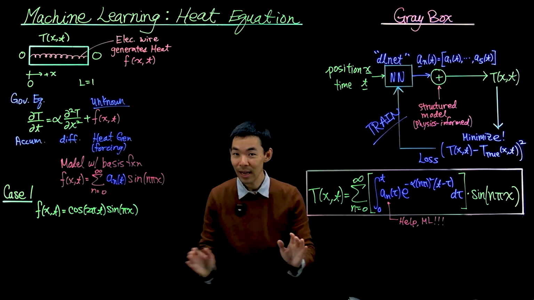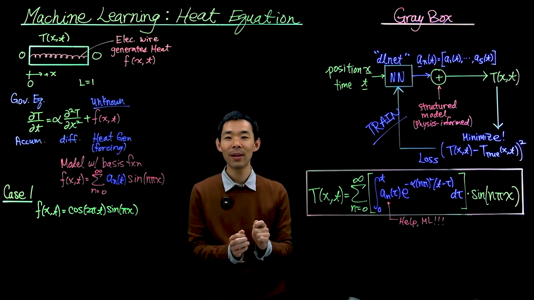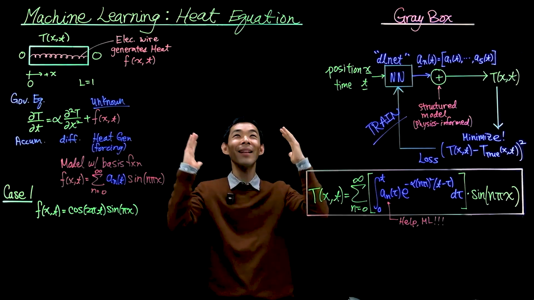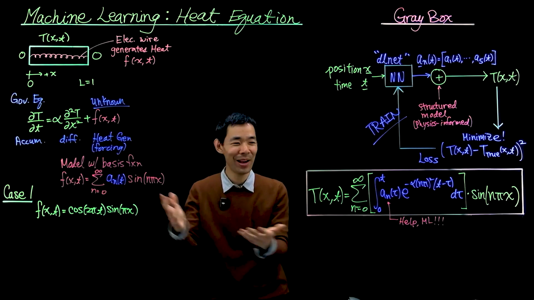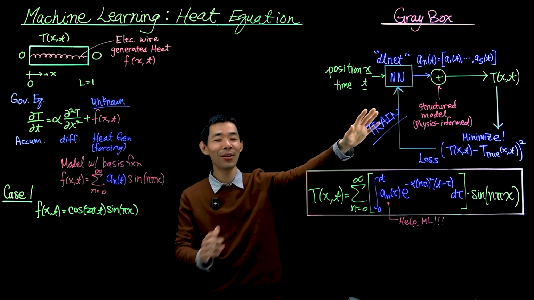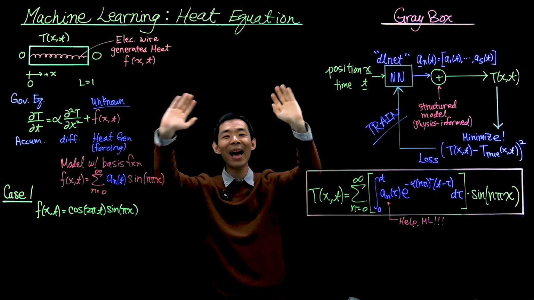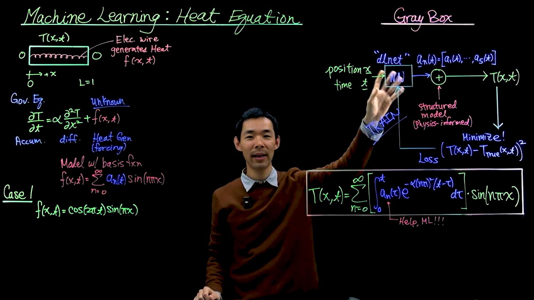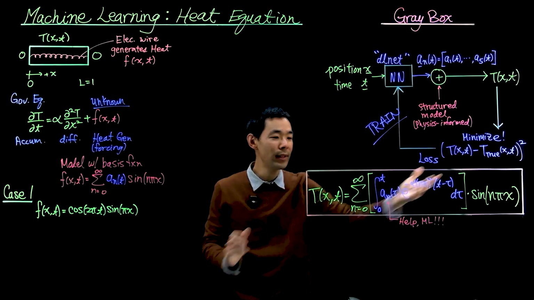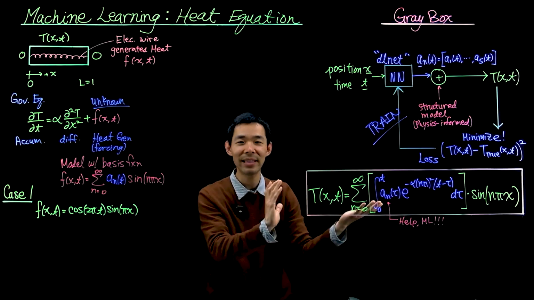what's really nice about this structured model is it is guaranteed to solve the heat equation. Yeah, duh, because we just solved the heat equation and we're putting that structured model into our neural network. So what's really cool about this is whatever the neural network does, it is always going to be slaved by this equation. It can never deviate from this.